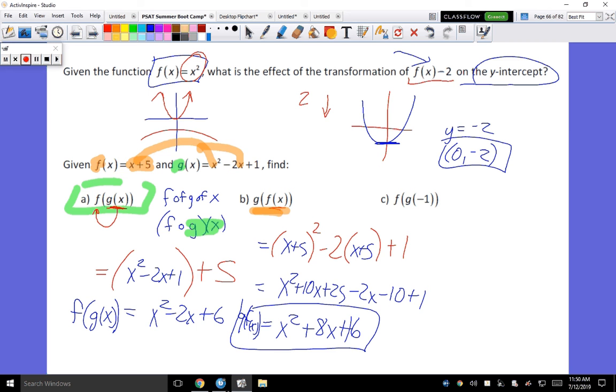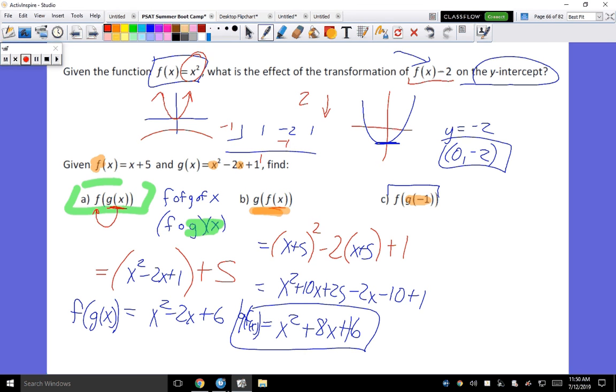So G of F of X equals all that. And now the only difference is that we're going to plug in a number. We're not talking about just the variable X. So if I plug this -1 into G, here we go, 1, -2, 1, I'm plugging in a -1.